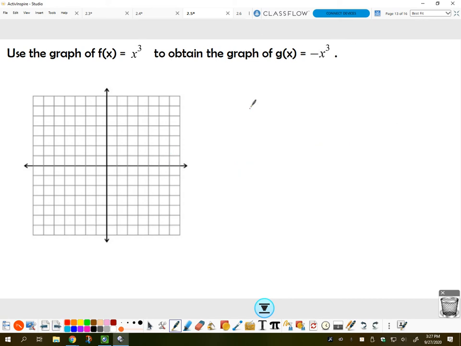Alright, so now we have f of x is x to the third, and he has points at -1, -1, 0, 0, and 1, 1. When it comes time for you to take your test over chapter 2, knowing what your parent functions look like is important.